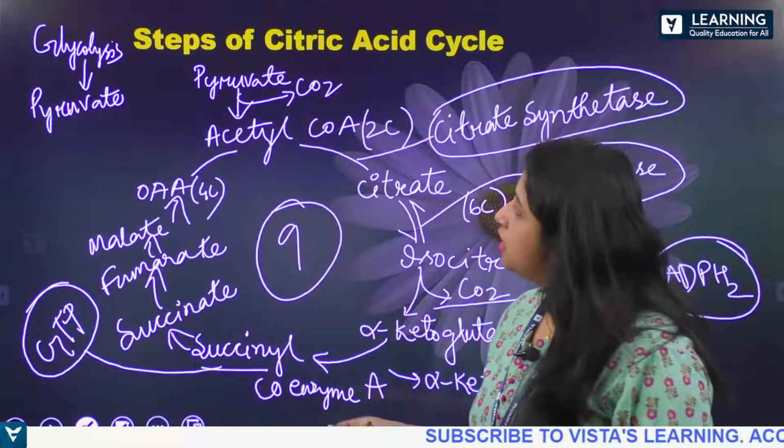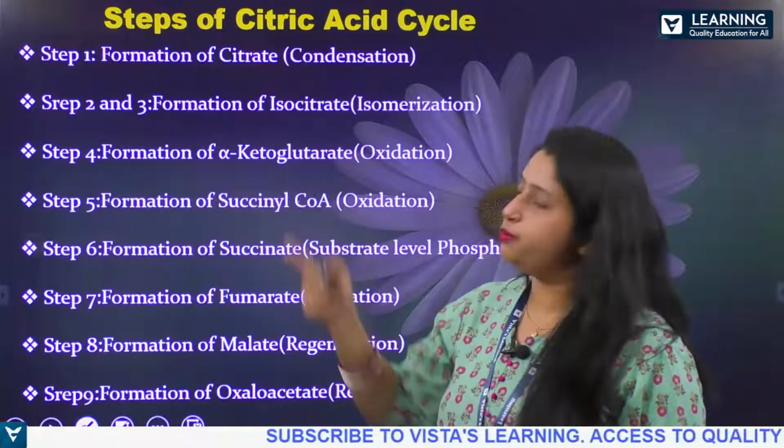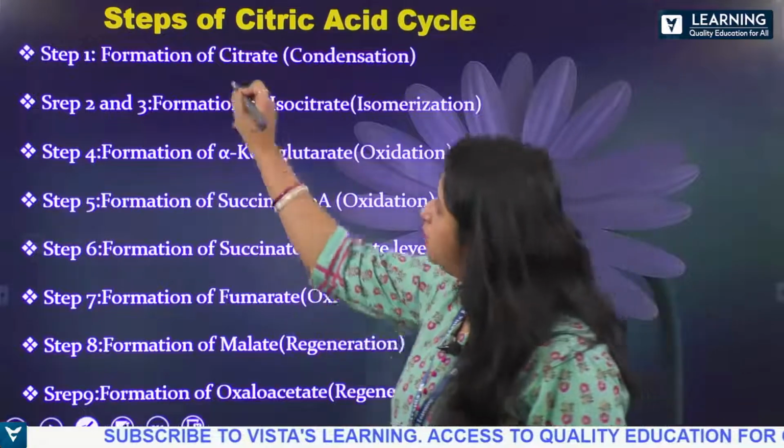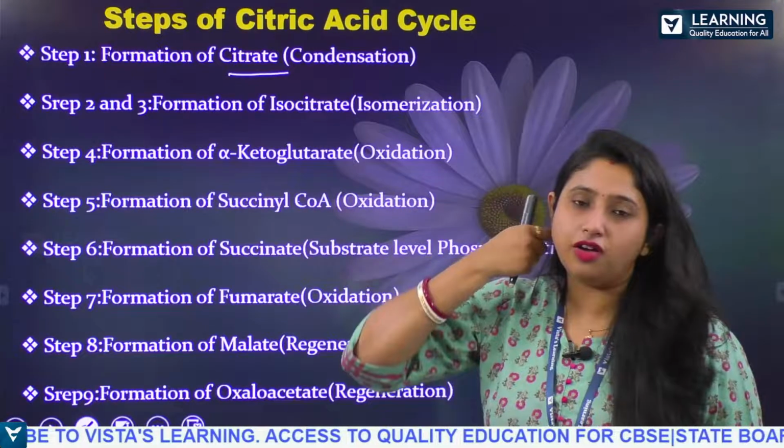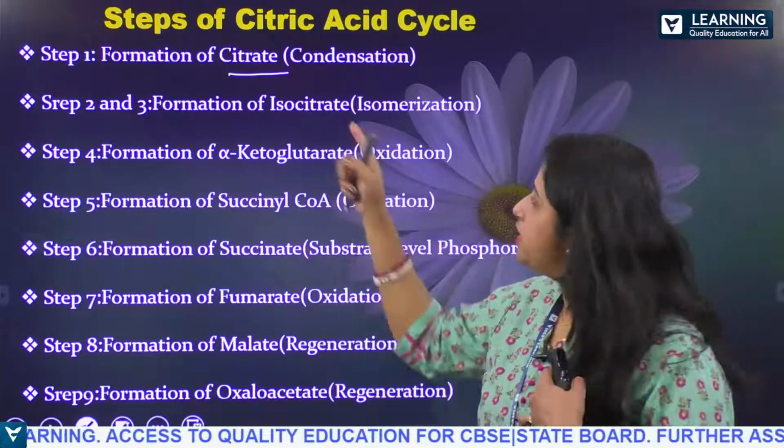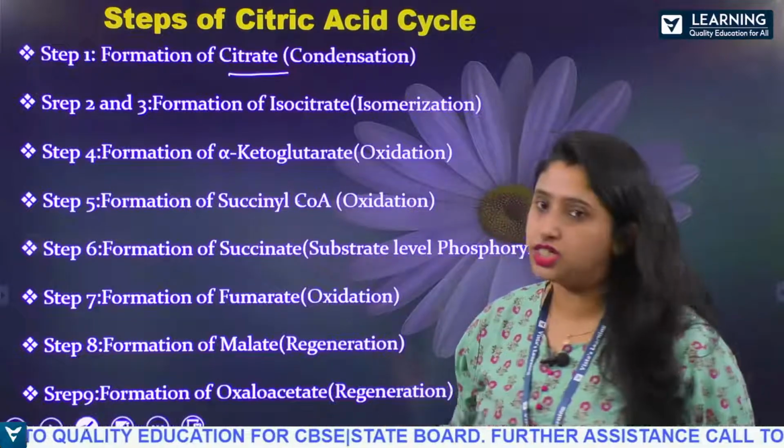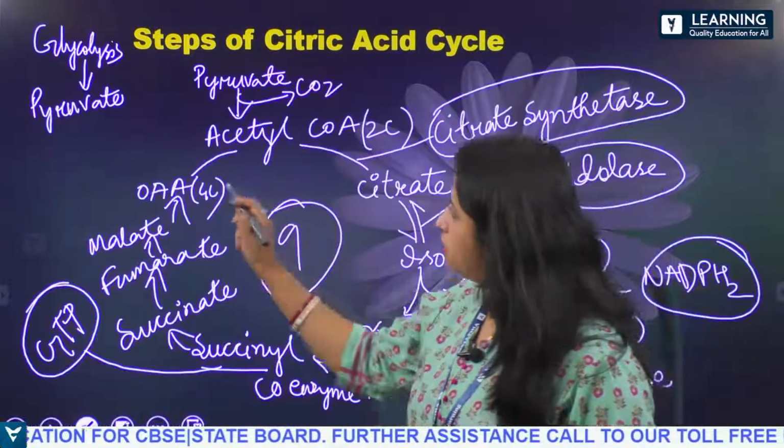Clear? Yes. So next, see the steps. Step 1, the formation of citrate. You have seen that the formation of citrate takes place by condensation, isn't it? Look into it.